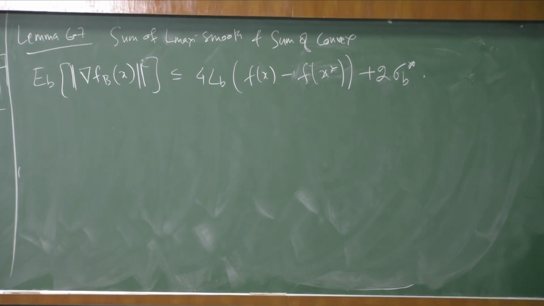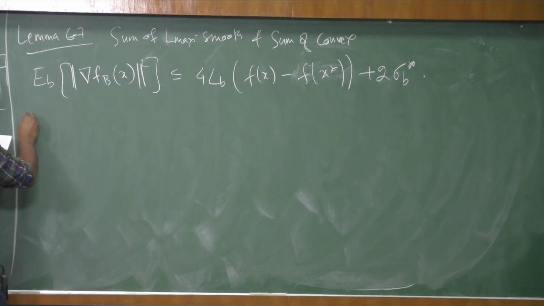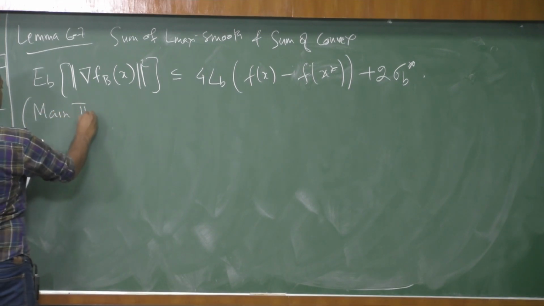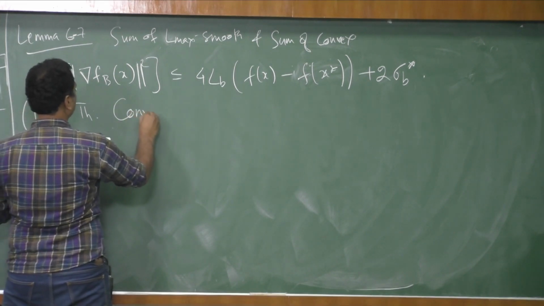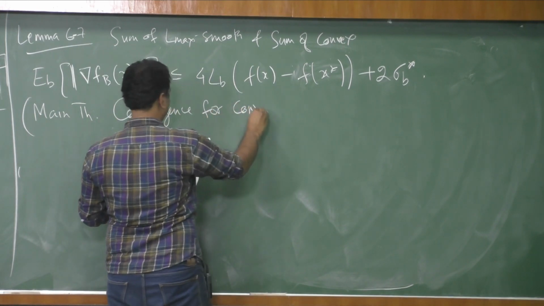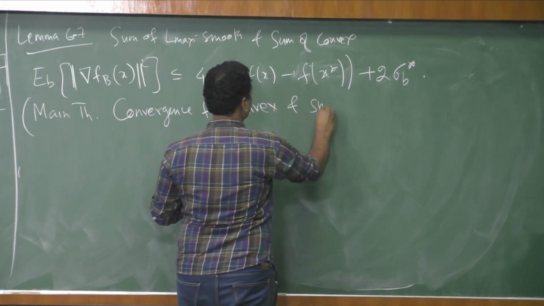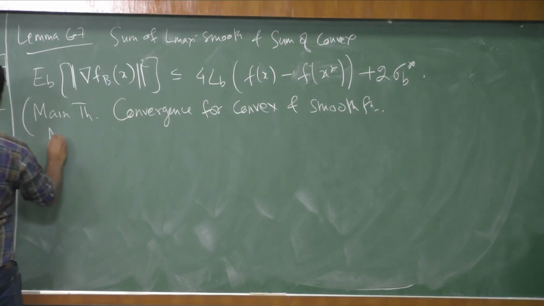So we will write the main result, and as I said, it's exactly similar to the earlier one. It's just that L_B appears. So I will write this statement here. So now that's the main result of mini-batch SGD. The main theorem, the final theorem of, so this is convergence for convex and smooth functions, and this is for mini-batch SGD.